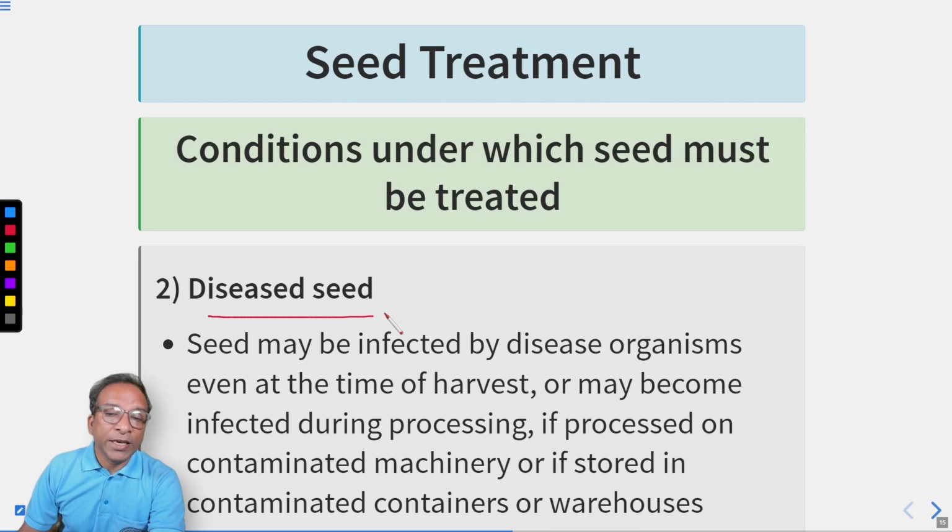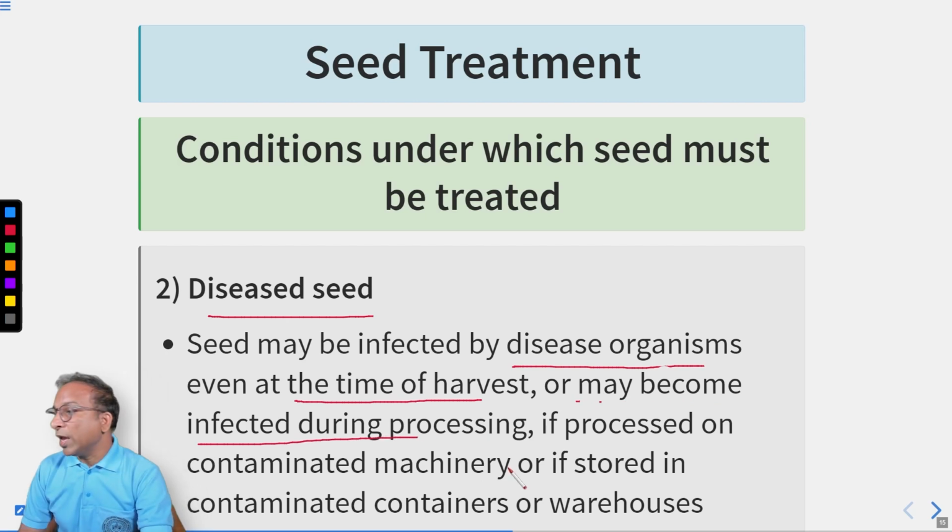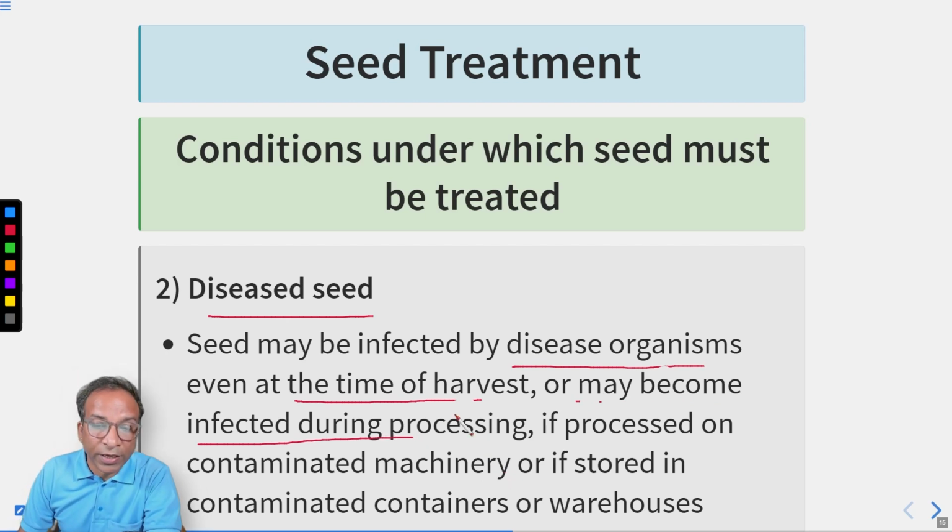Diseased seed may be infected by the disease organism even at the time of harvest, or may become infected during processing. So at the time of processing also, fungal disease can infect. The spores are present everywhere. At the time of processing, they can damage our seeds and our crops.